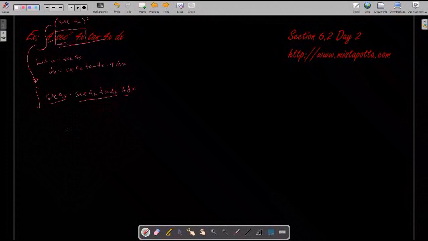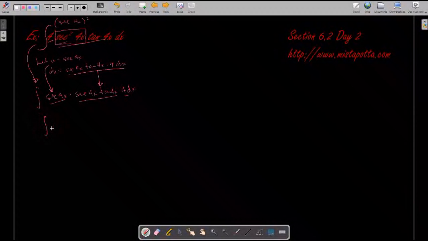So what I end up with doing my u-substitution, if I let u be secant of 4x and du being secant 4x tan 4x times 4 dx, this actually becomes the integral of u du.